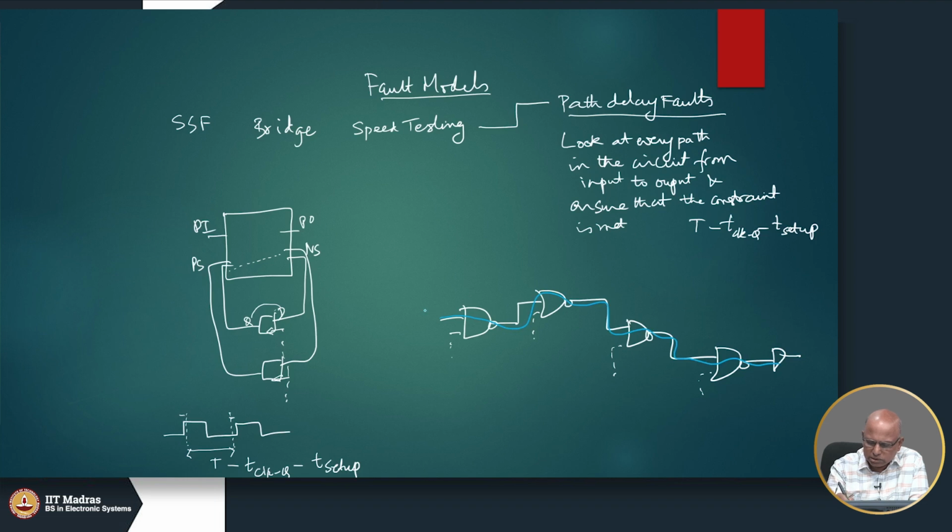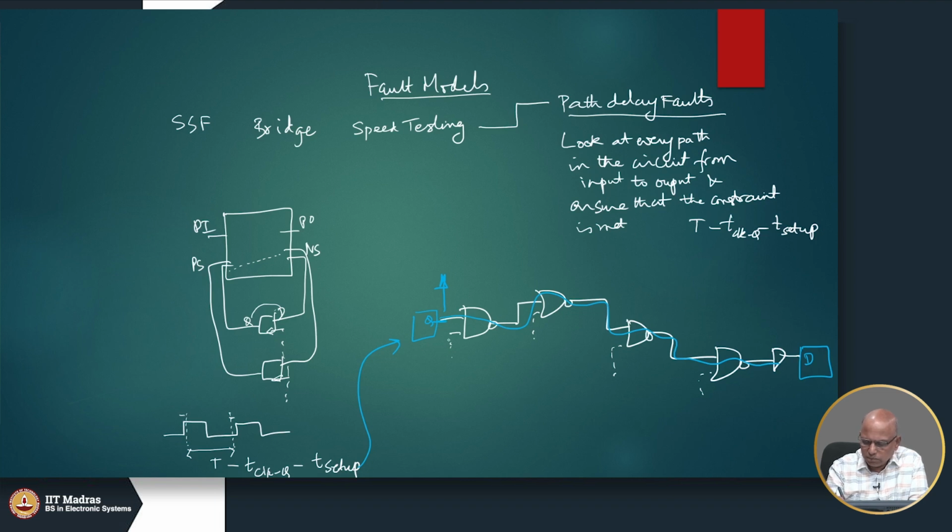Let us say this is the Q output of a flop, and this is the D input to another flop. And we want to ensure that this constraint is satisfied here. So, what we have to do is make this Q go from, let us say, 0 to 1, and we have to make sure that this transition goes all the way.